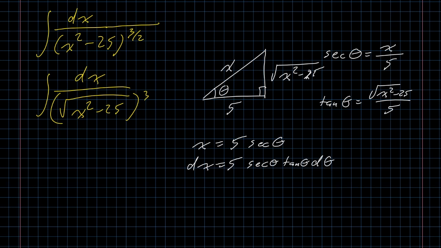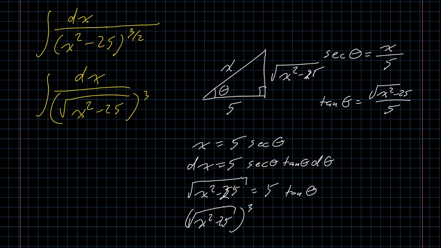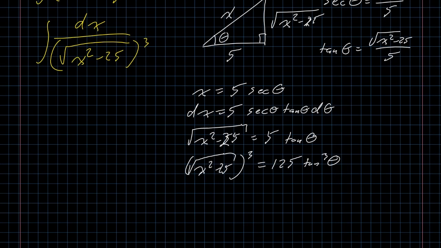And I get that the square root of x squared minus 25 is equal to 5 times tangent theta, which means that x squared minus 25, the whole thing to the 3/2 power, is going to be 125 times tangent cubed of theta. All right, and we can just plug those things in.